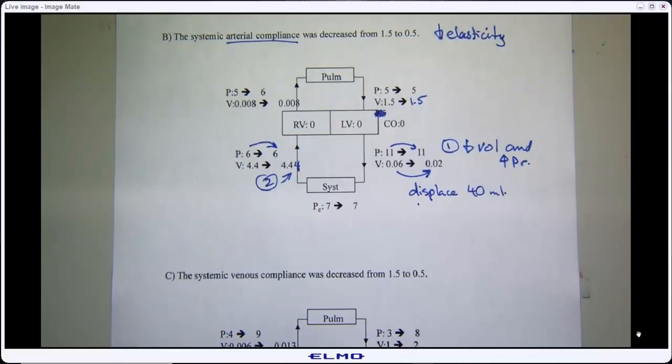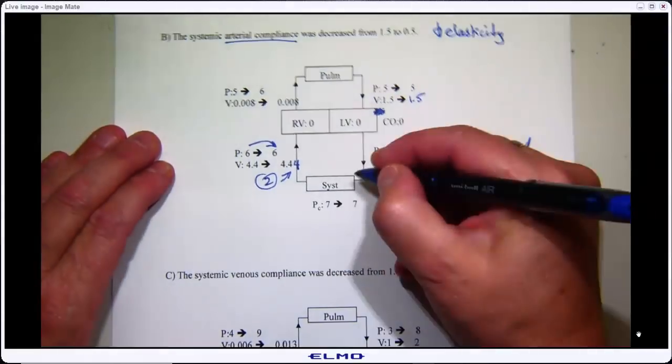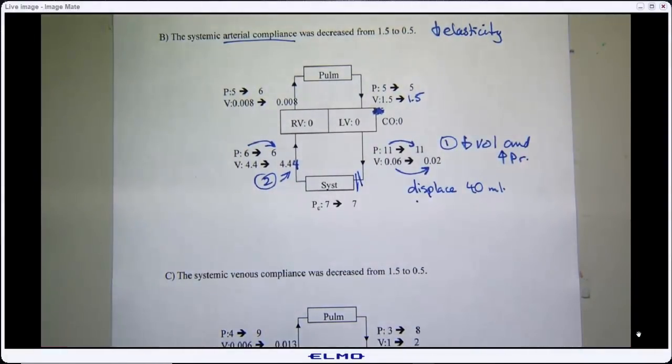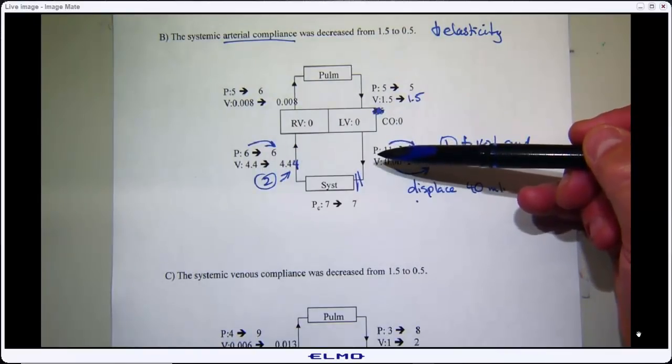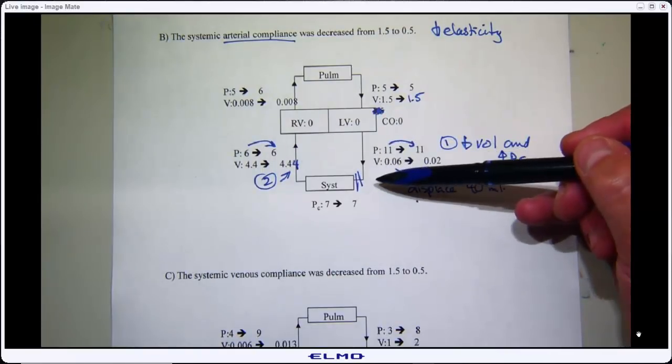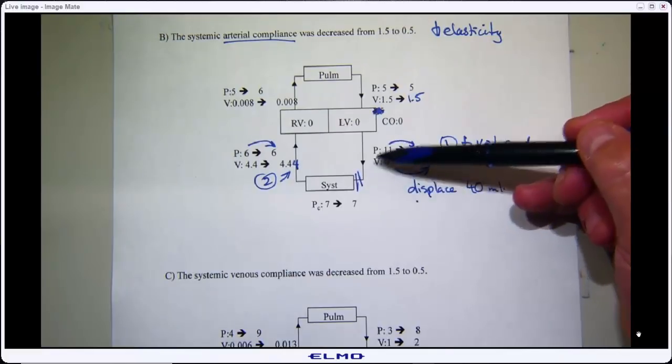So it's not a big surprise that we haven't been talking about SNS innervation into the arteries and the aorta to constrict on that side, because that maneuver wouldn't do anything to the system. It does if we change it right here. We've seen that mayhem already. But we don't have a lot of control over the nature of the container on this side, because it doesn't matter. It's such a low volume system, whatever, doesn't matter, okay?